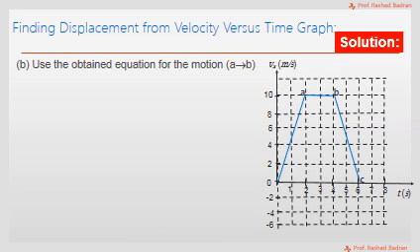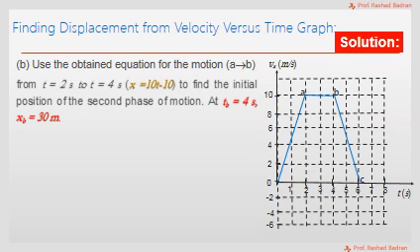So to find the equation for x as a function of time for the third phase from B to C, we need to make use of the last equation obtained for the second phase, that is x equal 10t minus 10. This is to find the initial position for the third stage, which is the final position for the second.